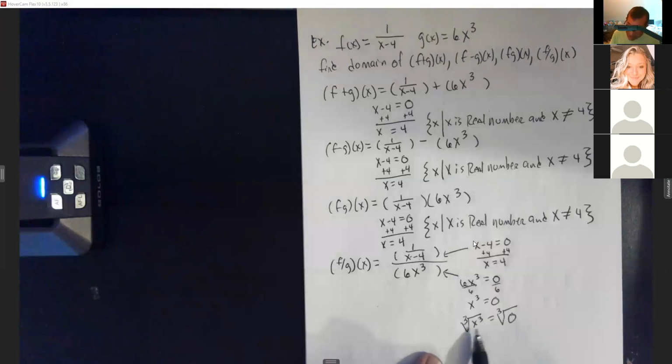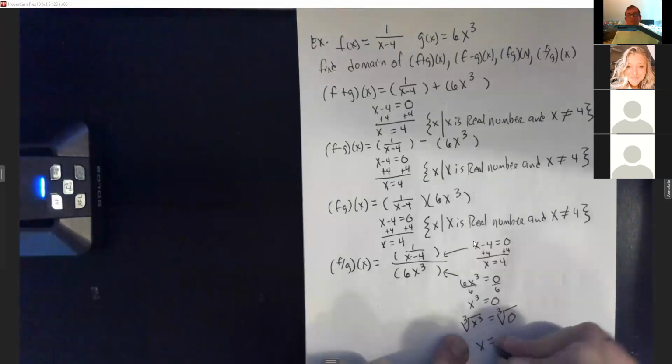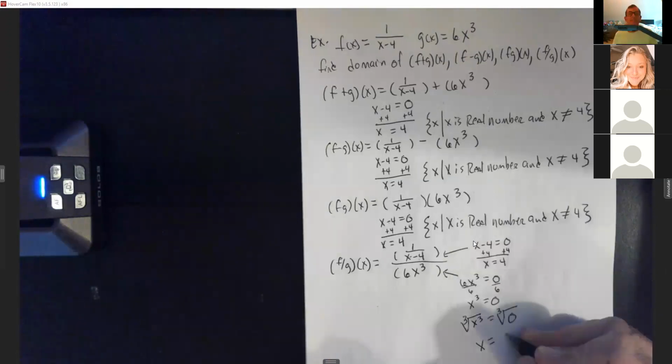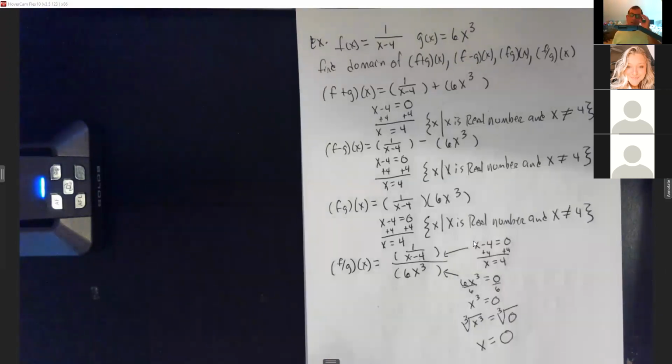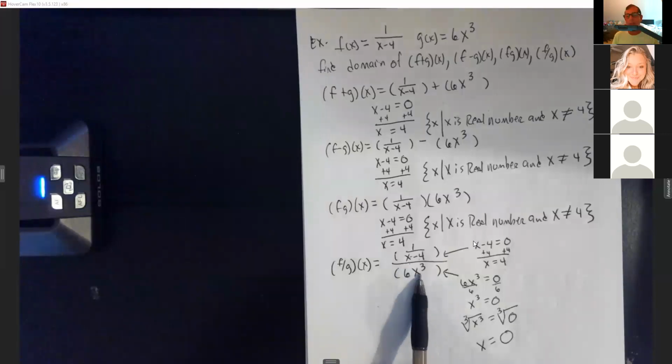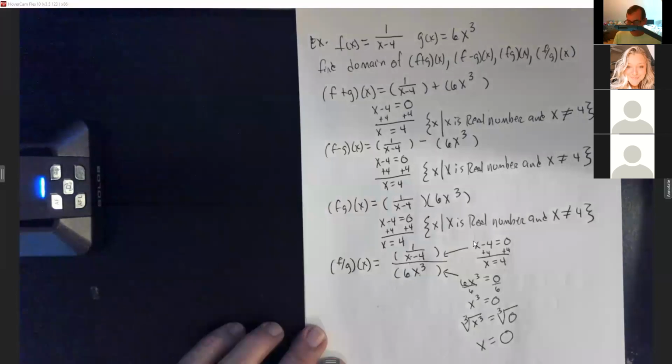You get your x. But y'all, the cube root of 0 is going to be 0. So check this out. I couldn't be a 4 because of that top fraction. I can't be a 0 because of the main big fraction. So I had 2 places I was worried about.